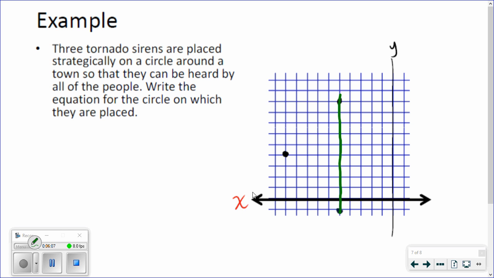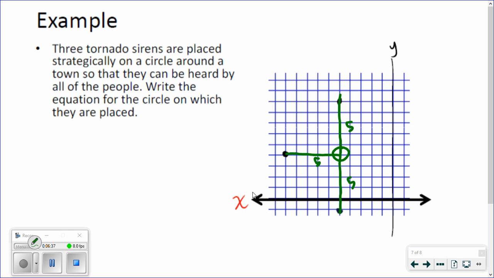We could also see that this is perpendicular because it's a nice horizontal line. That works out well. If we count the squares, even though each square looks like a rectangle and not exactly equal, when we count, it is: 5 down, 5 to the left, and 5 up. So this point would be the best point to put the tornado siren to help these 3 cities out.